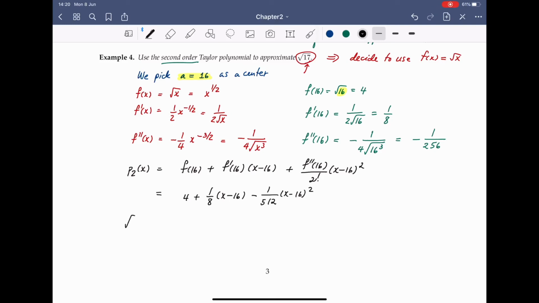That means if you want to approximate square root of 17, this is going to be the Taylor polynomial of order 2 at 17, which is 4 plus 1/8 times (17 minus 16) minus 1/512 times (17 minus 16) squared. You have at the end 4 plus 1/8 times 1, which is 1/8, and then minus 1/512. Once you find everything, you're gonna get this equal to 4.123.